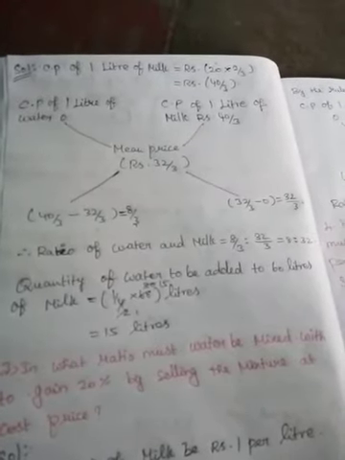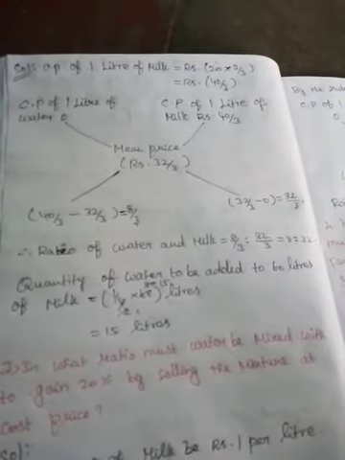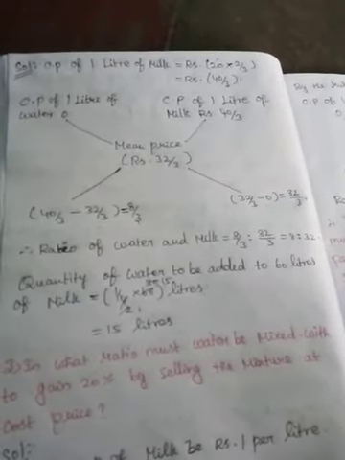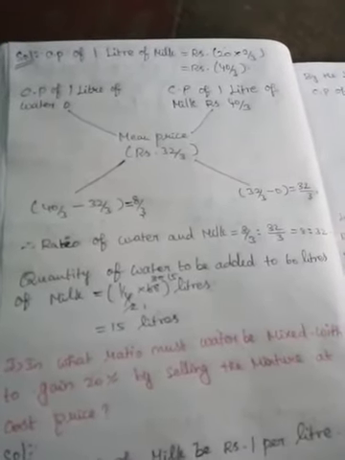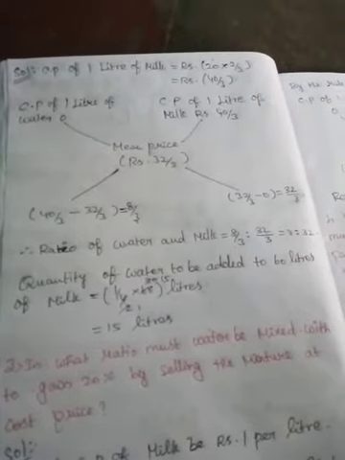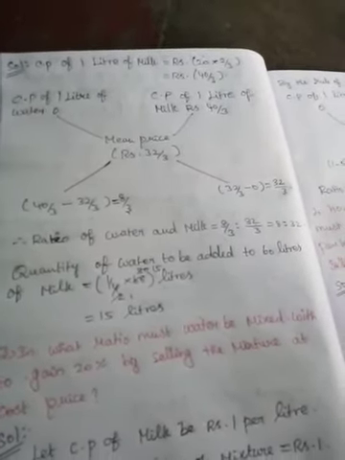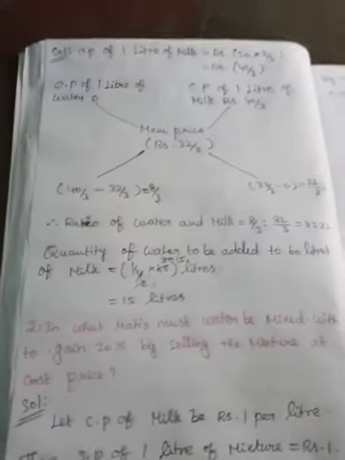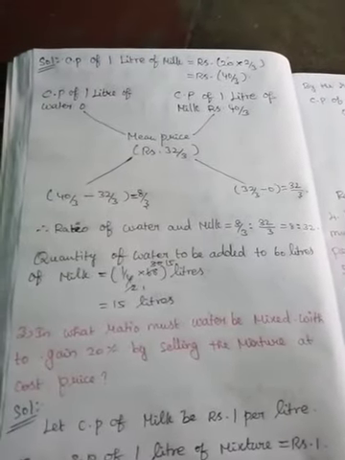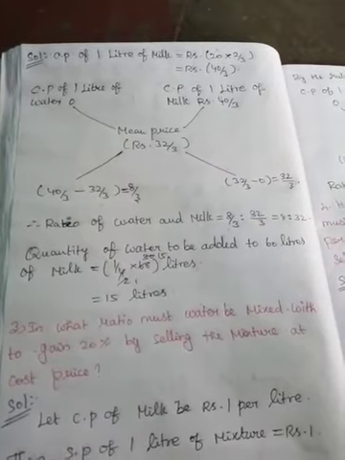Next, CP of 1 liter of milk, rupees 40 divided by 3, and water 0. First one, middle value is mean price, rupees 32 divided by 3. The third one is 40 divided by 3 minus 32 divided by 3, equal to 8 by 3.